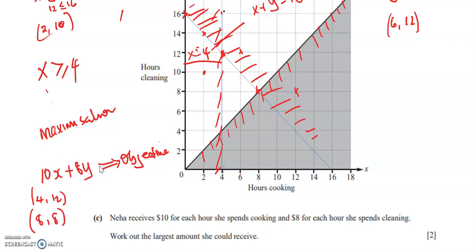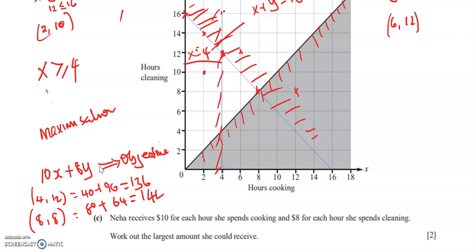So you substitute the values here. The one that will get the maximum value will be your solution. So here, when you multiply, you get 40 plus 12 times 8, 96. So you get 136. For the second one, you get 8 times 10, that is 80, plus 8 times 8, that is 64.